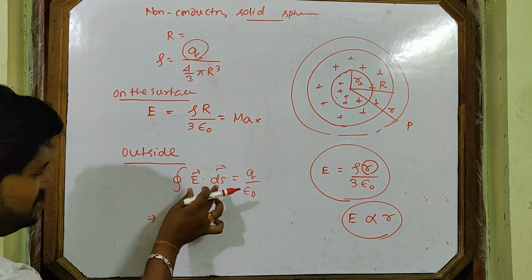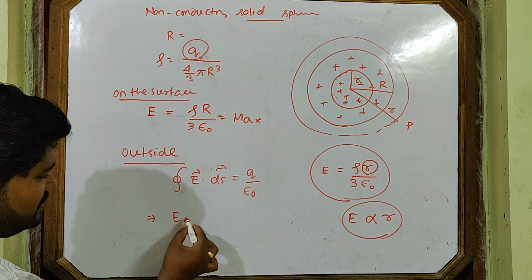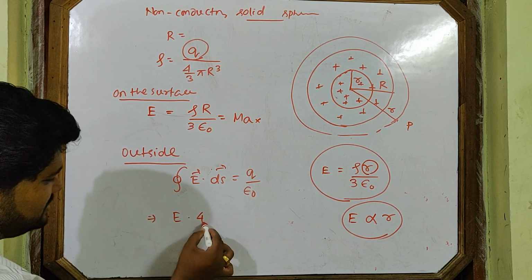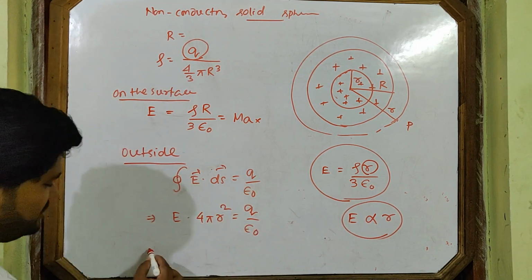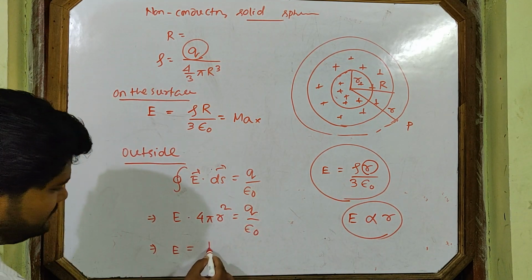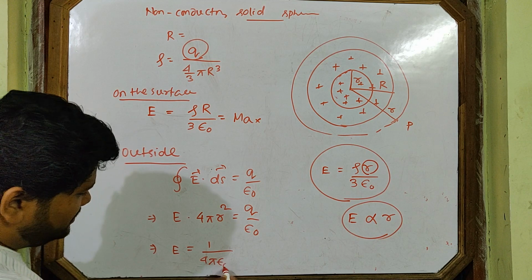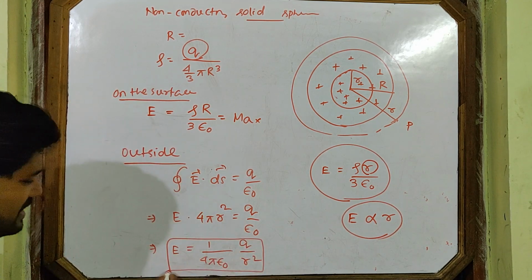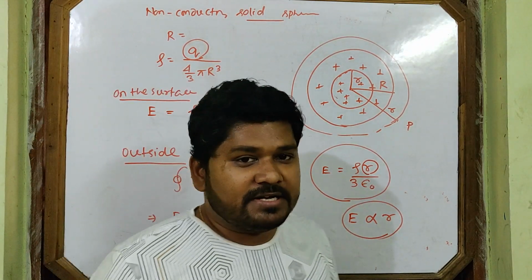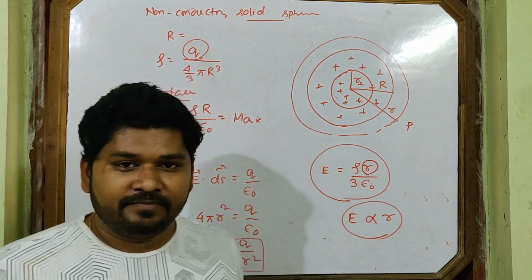The angle is cos 0, integration of ds is 4 pi R square, so E into 4 pi R square equals Q by epsilon naught, then E is 1 by 4 pi epsilon naught, Q by R square. The expression is the same as for a spherical shell.